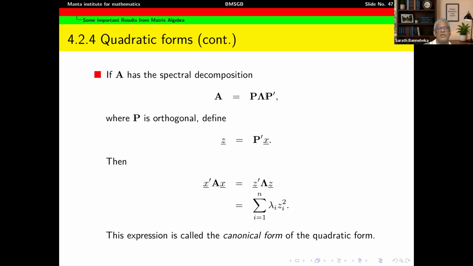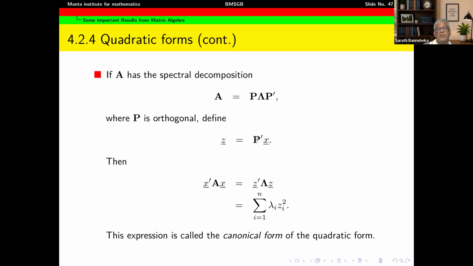If you write A like this and define Z to be P dash X for some real vector X, then X transpose AX will be equal to this thing, because if you substitute for A you get this expression, and that is equal to the sum of lambda i Zi square, right? So this expression is called the canonical form of the quadratic form.